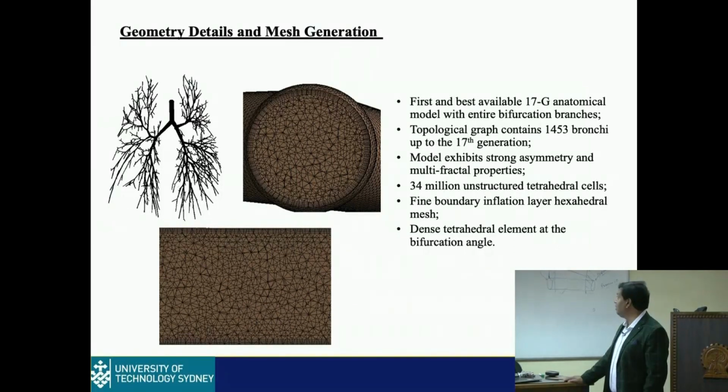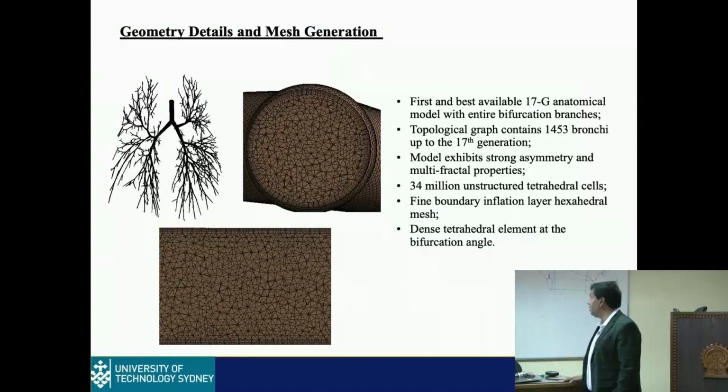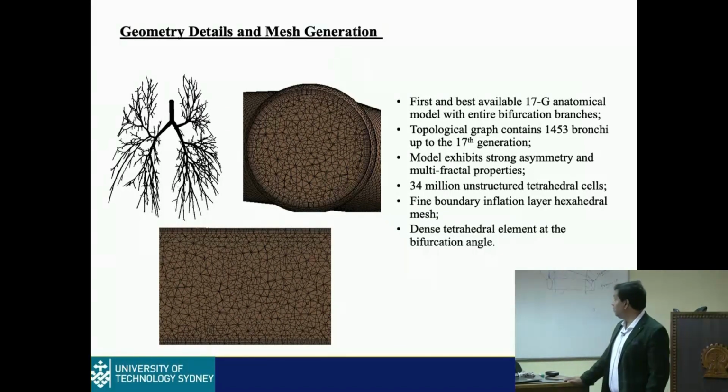And here we have 1453 bronchi up to the 17th generation. If it is 17th generation, the outlets or bronchi should be about 2 to the power 17, right? That should be much more than 1453, isn't it?